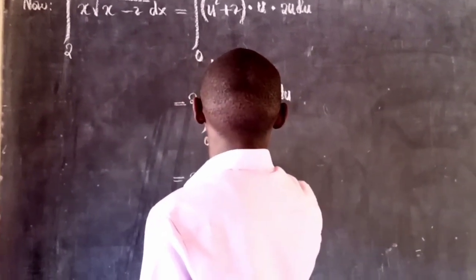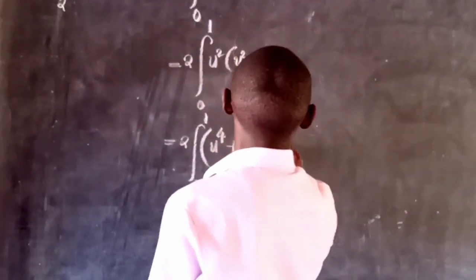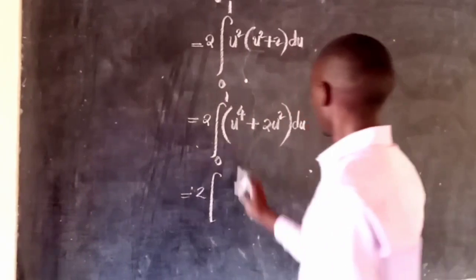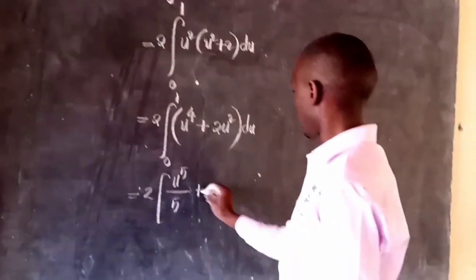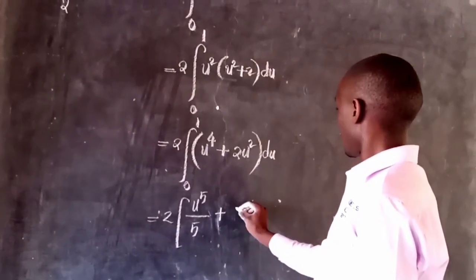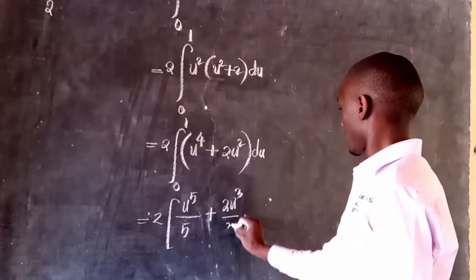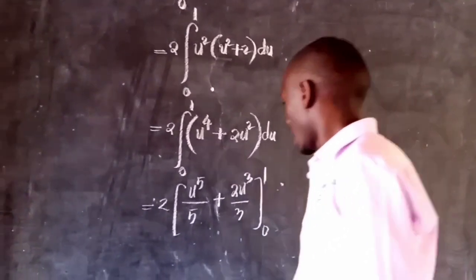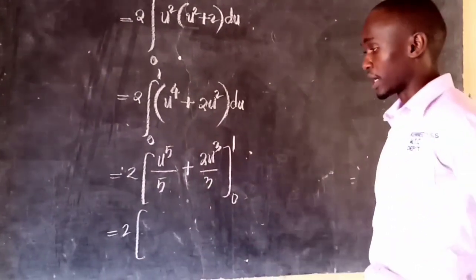Open brackets, you get u power 4 plus 2u squared du. Integrate. This becomes u power 5 over 5 plus 2u cubed out of 3, limits 0 to 1. That 2 is waiting. Then we operate limits.